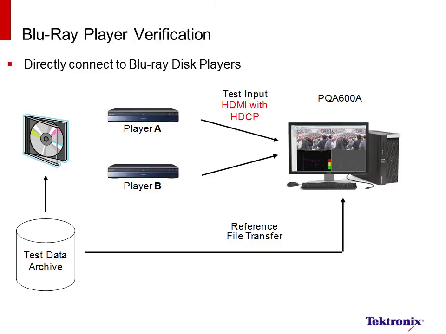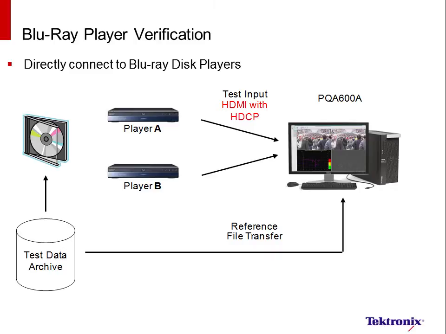With the picture quality analyzer, if you lay the original data down onto a Blu-ray disc, play the Blu-ray disc in player A, we can come up with a score of the quality of player A's output.